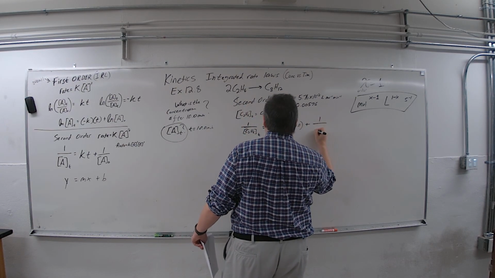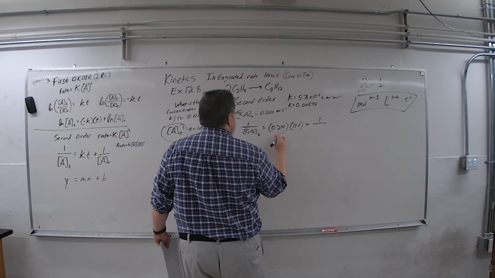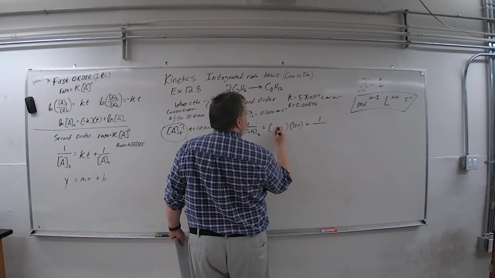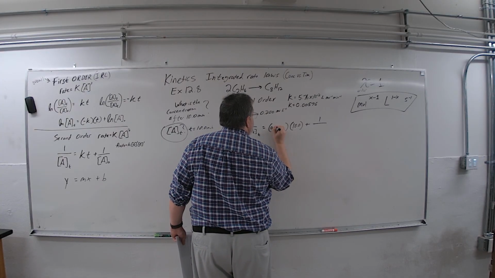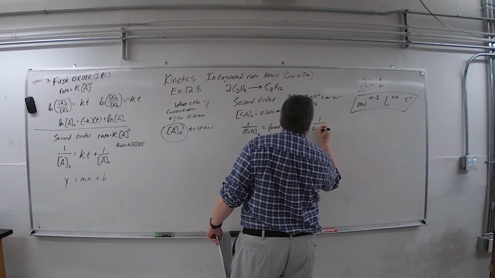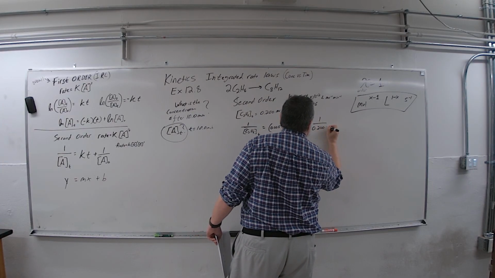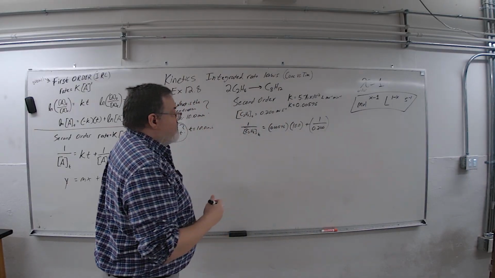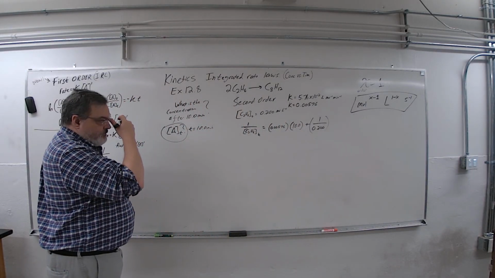1 over. Get that wrong. This is K. 0.00576 down here is a 0.00 moles per liter. But we're going to come out in moles per liter.